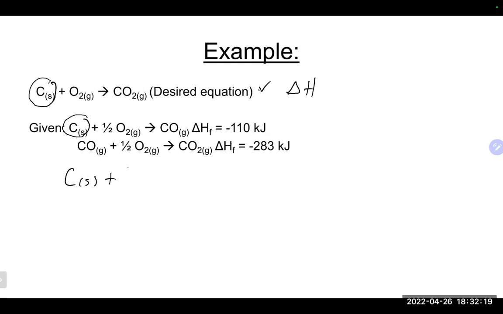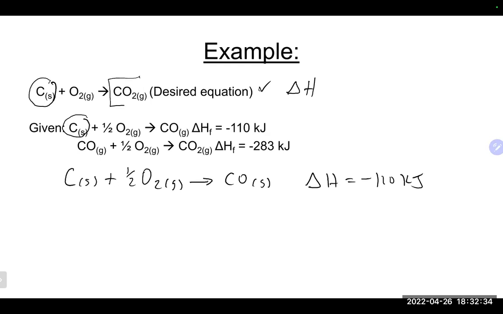So I would probably just recopy this exactly the way it is. Since we really didn't do anything to this equation, the delta H will remain the same. Nothing will change. The next thing that we might want to look at is the CO2, which is on the right-hand side. And I do see CO2 on the right-hand side. And I do need one of each of those, which means this is a pretty straightforward example. I actually don't have to do anything to this one either.